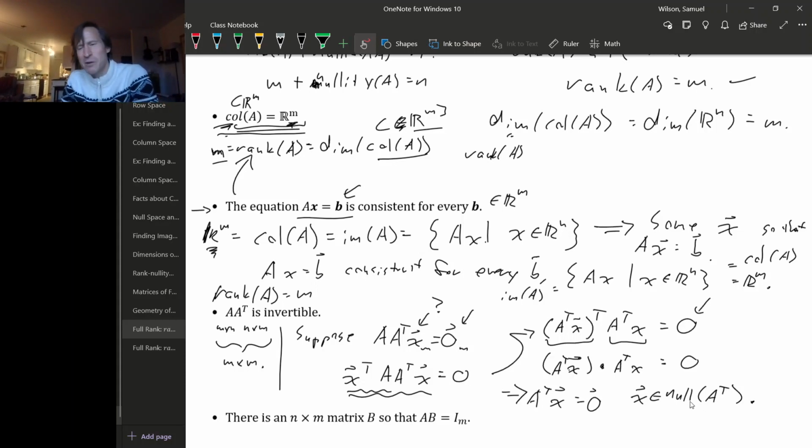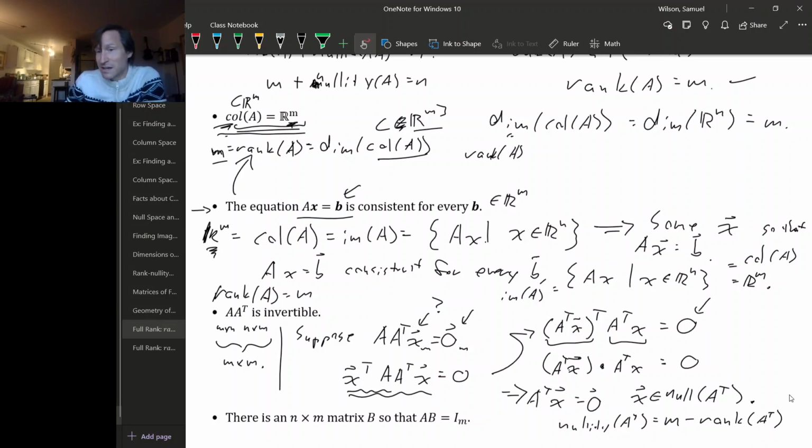But how big is the null space of A transpose? What is the nullity of A transpose? Well, the nullity of A transpose is the number of columns of A transpose, which is m, minus the rank of A transpose.